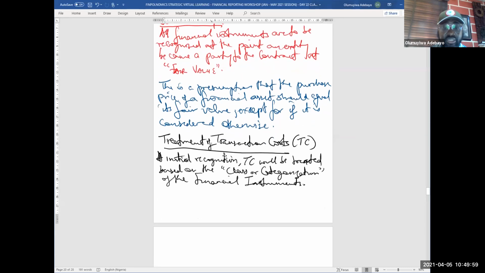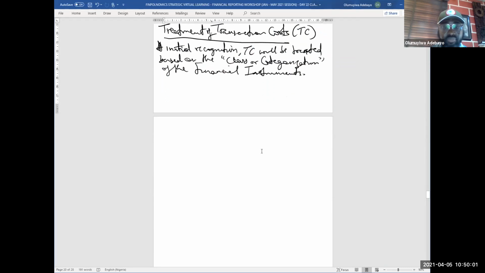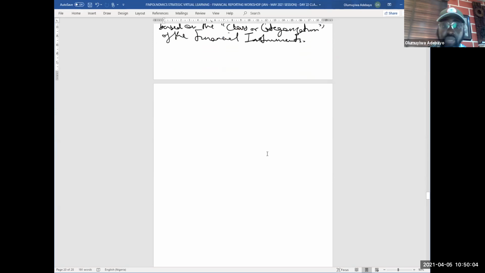And we are going to see that in this shape. I'll pick it one by one.